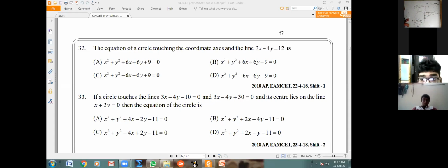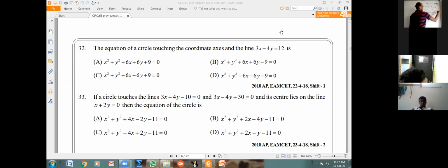When I apply the distance formula, here we will not get minus r, we will get plus r. At that time, we will get 3r minus r minus 12 by 5 is equal to mod r. That is 2r minus 12 is equal to mod 5r. 2r minus 12 equal to plus or minus 5r. If you take plus 5r, r is coming minus 3.